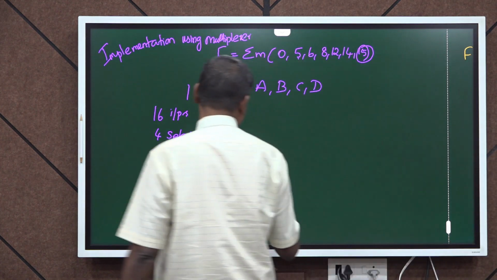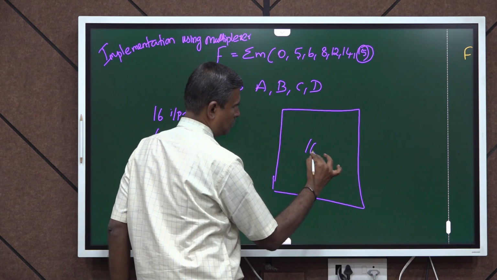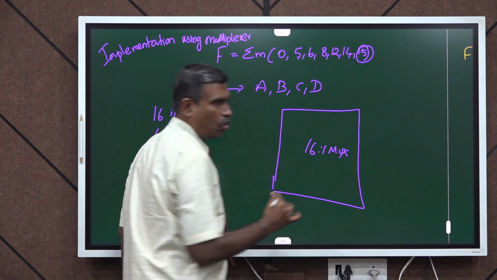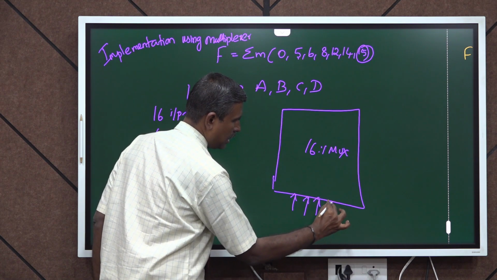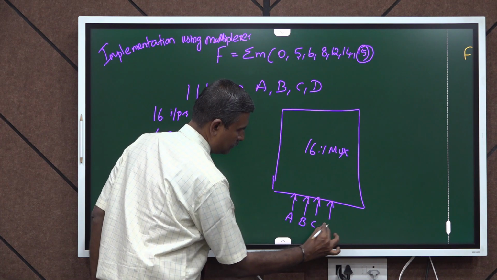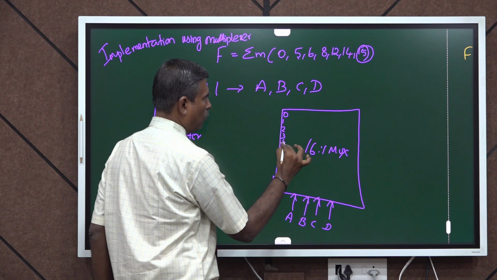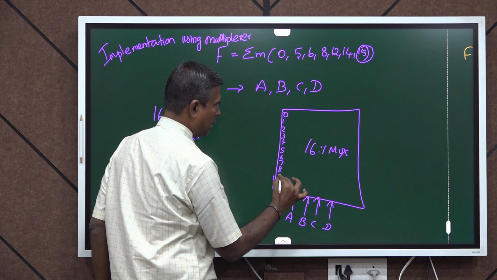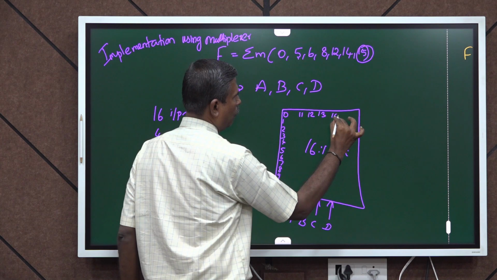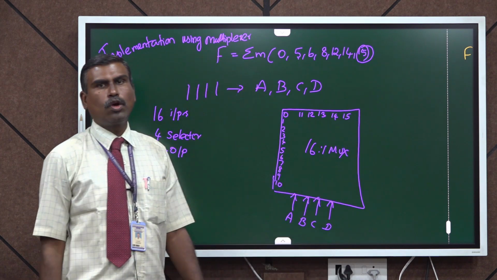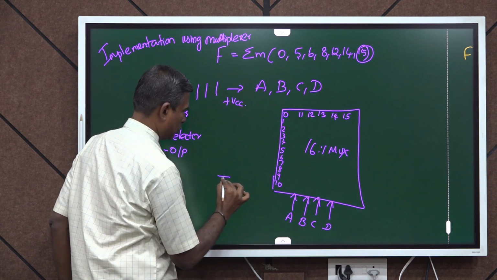So we introduce a 16:1 mux. The 4 selector lines are A, B, C, D. Similarly, we have 16 inputs 0, 1, 2, 3, 4, 5, 6, 7, 8, 9, 10, 11, 12, 13, 14, 15. Here we are going to take only 2 values, that is plus VCC and ground.